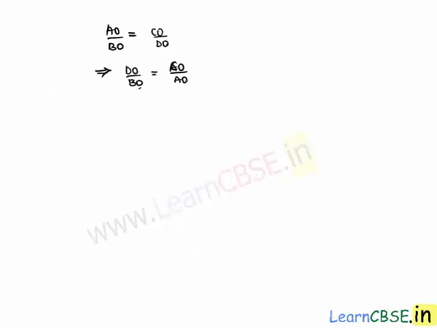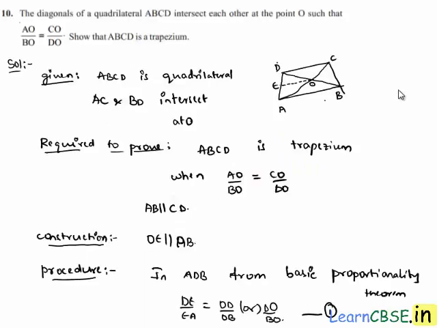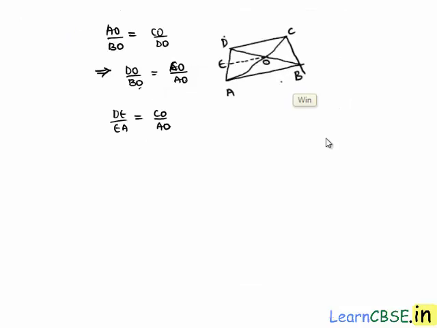Then equation 1 becomes DE by EA is equal to CO by AO. Now, if we observe the figure clearly, the line segment EO is dividing DA in the proportion DE by EA, which is equal to CO by AO.